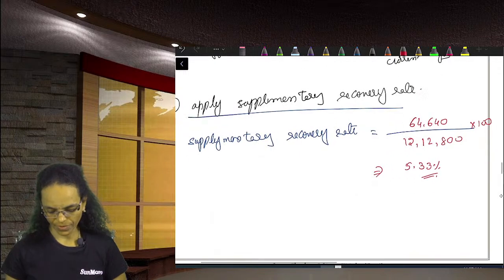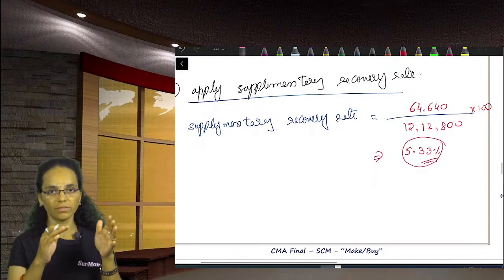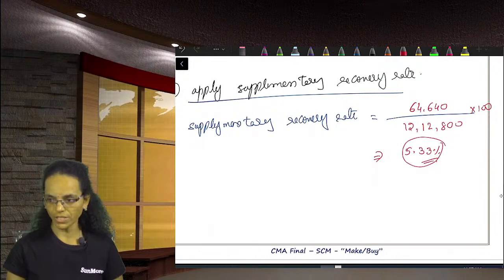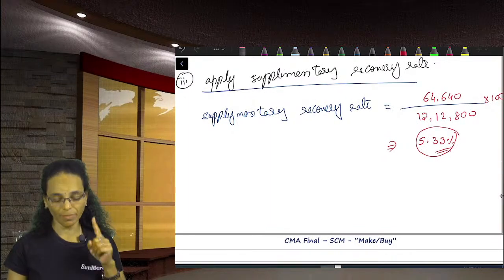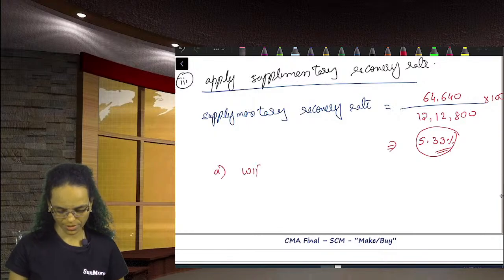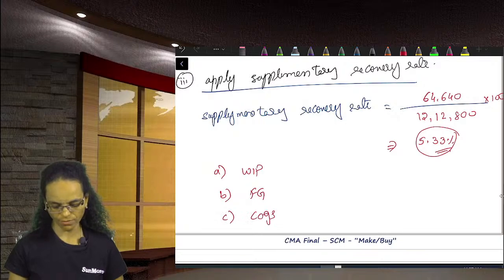So this percentage, I'll show you, 5.33 percent. We have three elements: work in progress, finished goods, and COGS, cost of goods sold.